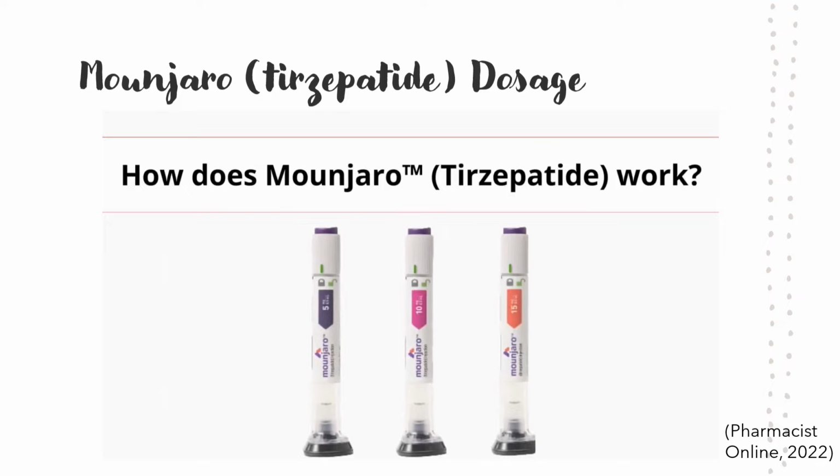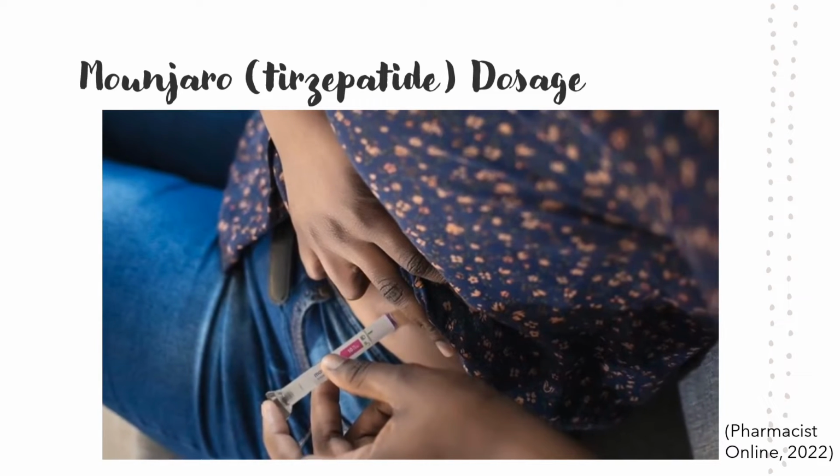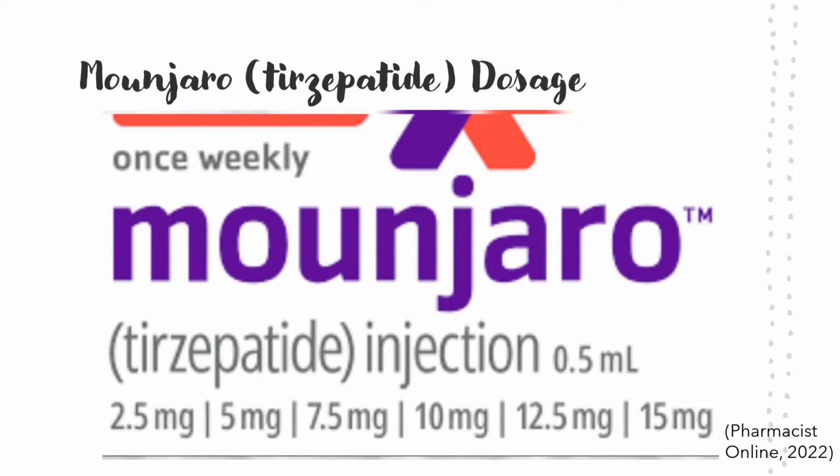Mounjaro is a single-dose pen that is normally administered subcutaneously in doses starting at approximately 2.5 milligrams once weekly. After 4 weeks of usage, the dose increases to 5 milligrams.